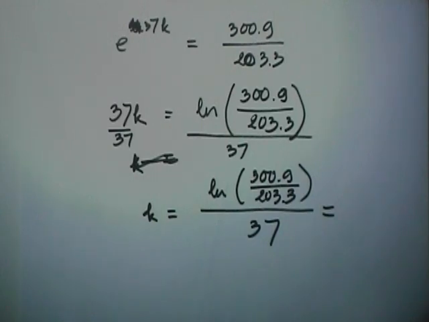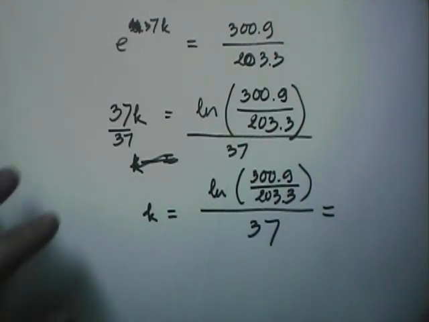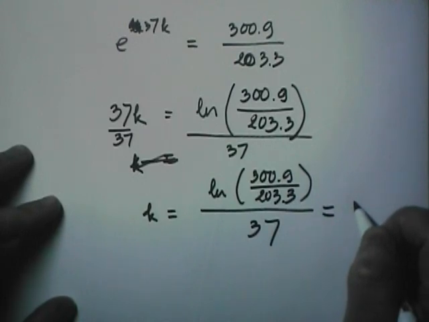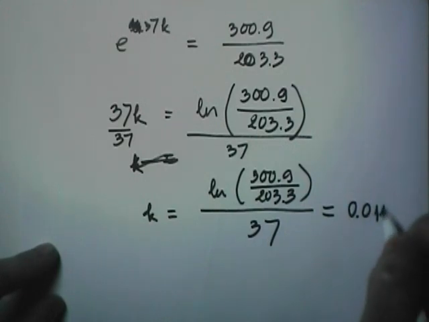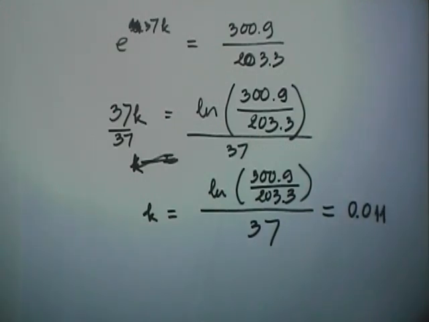Okay, so my calculation shows that the k value for this problem is 0.011. We do expect that k is a small value. Okay, so this is my k.